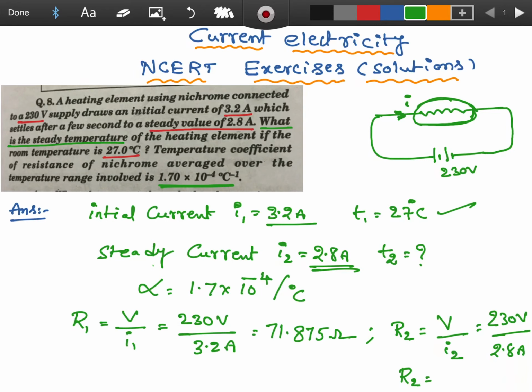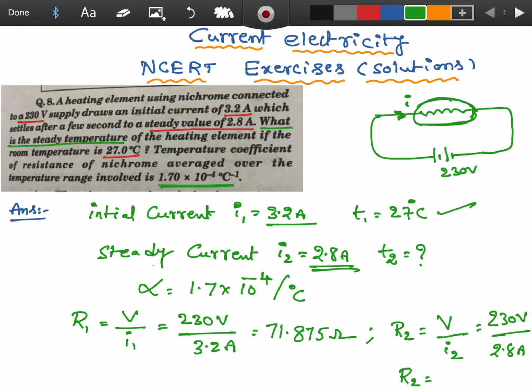Let us take the data. Initial current I1 is 3.2 ampere, and the steady current in a few seconds, I2, will be equal to 2.8 ampere.